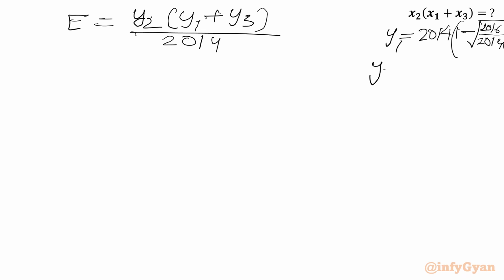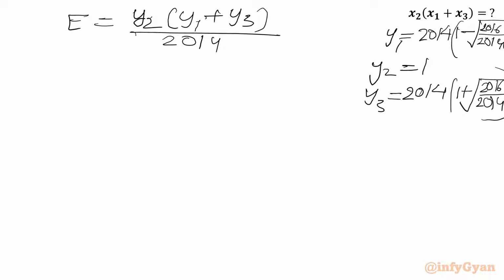Now we will write y2 equal to 1 and y3 will be with plus sign. So we will write 2014, in the bracket, 1 plus square root of 2016 over 2014.